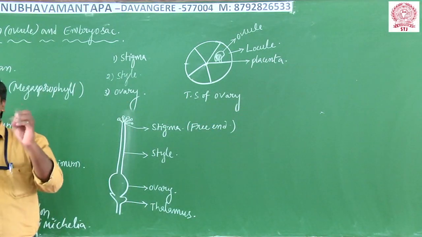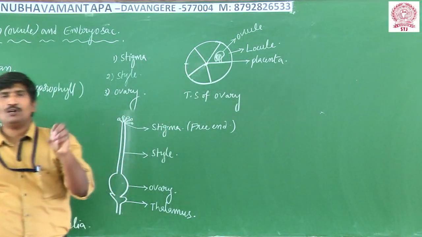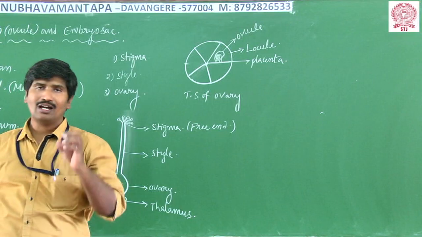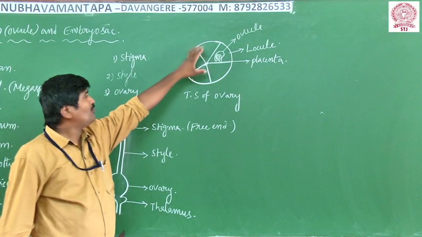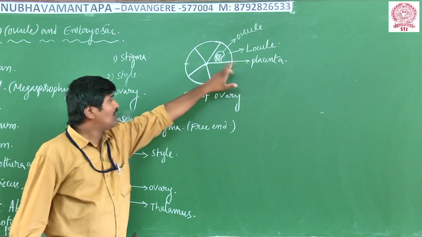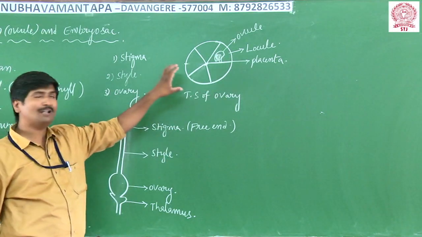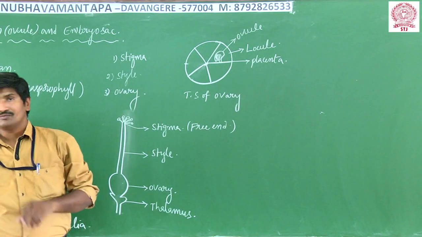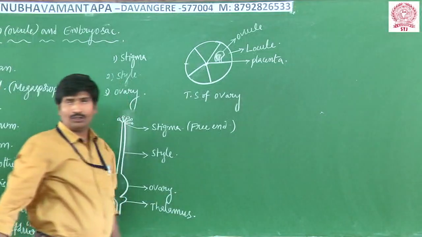The arrangement of ovules on the placenta within the ovary is known as placentation. This is the ovarian cavity or locule.